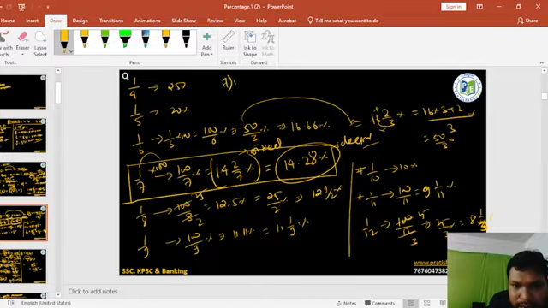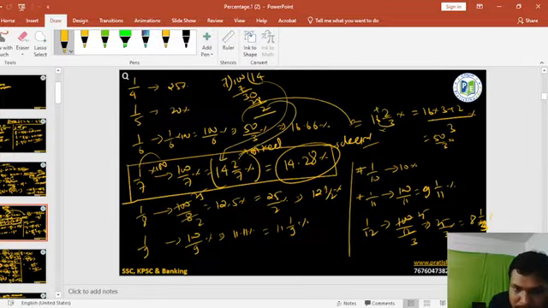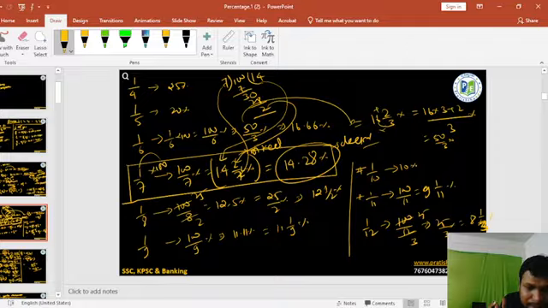You divide 100 by 7. It will go 14 times here. Then you write down the remainder 2 here, and the divisor here. This is the way to convert it into a mixed fraction. So 1 by 7 is the number. To convert into mixed fraction percentage, you have to multiply by 100.